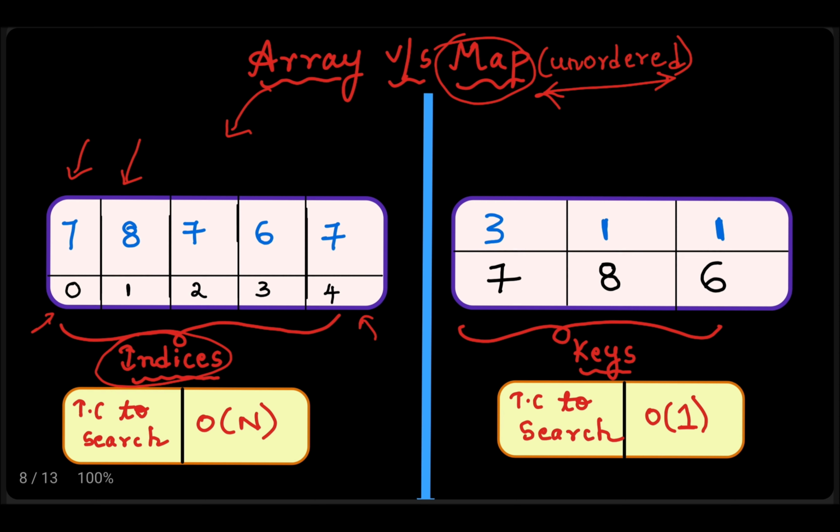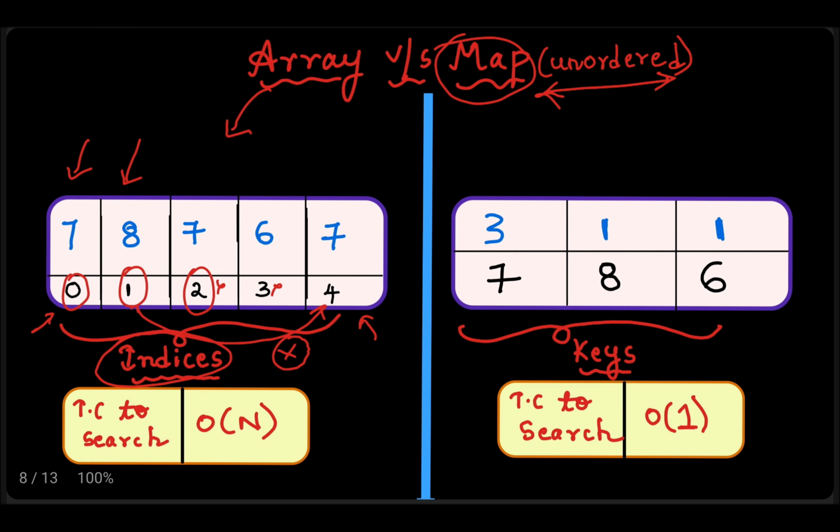The catch is that we cannot change these indices. Suppose I say I don't need 2, I don't need 3, I straight want 4. You can never do that. That is the problem due to which an array takes more space.